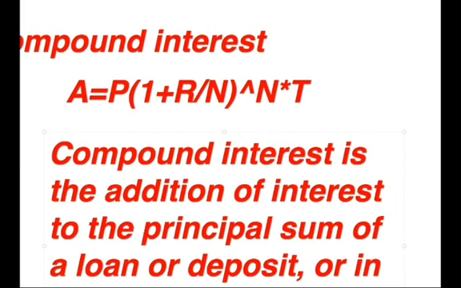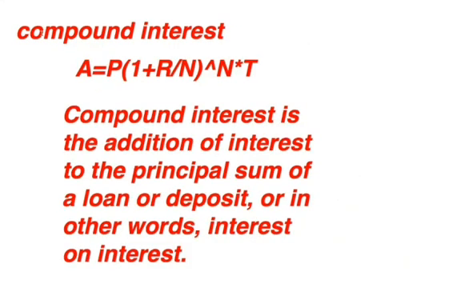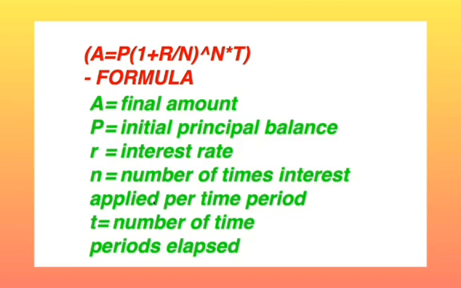Initial means the beginning of something, like the first letter of your name is an initial. So that's what they mean by initial principal balance. Then the interest rate, the number of times interest is applied per time period, and the number of time periods elapsed.